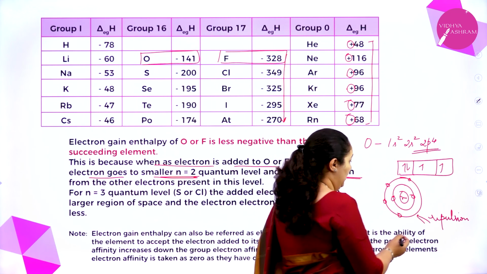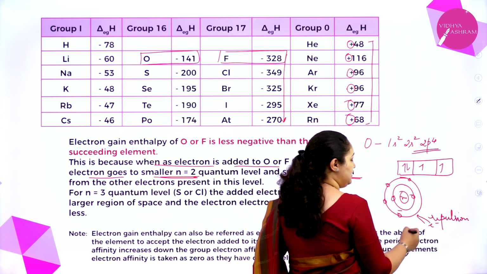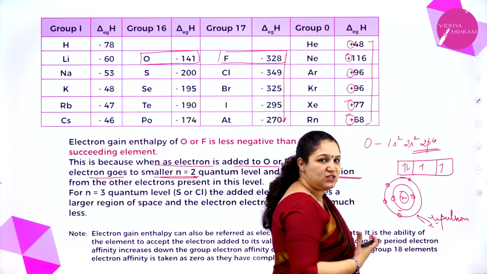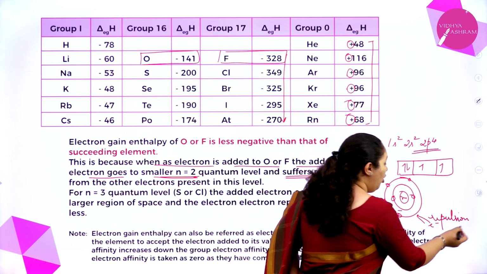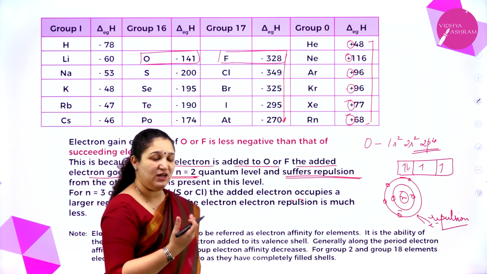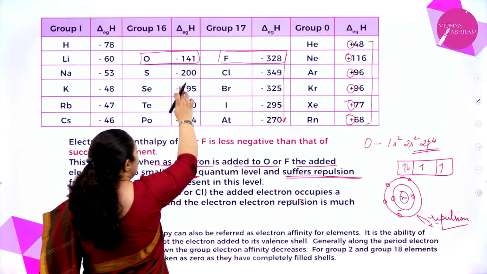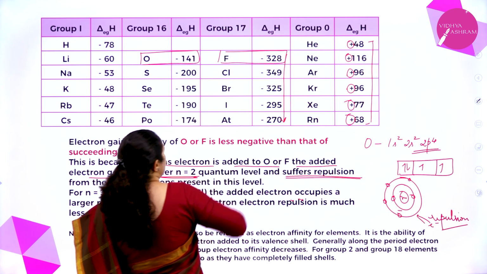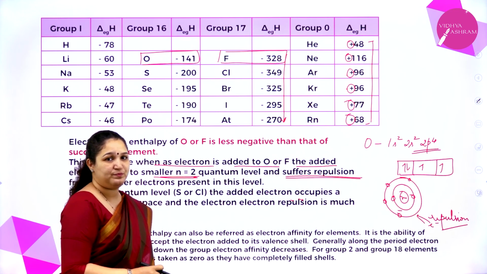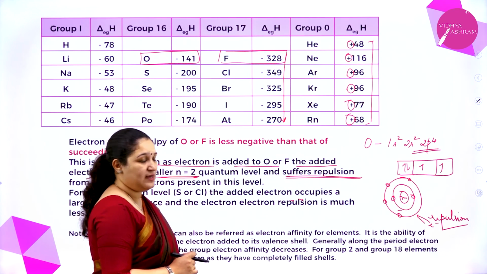This is negatively charged, and the coming electron is also negatively charged, so they will experience repulsion. Some amount of energy is required to overcome the repulsion, and then it will take up the electron. That is the reason it is slightly lesser than the succeeding element. Same case with fluorine as well. I hope you have understood this one exceptional case.